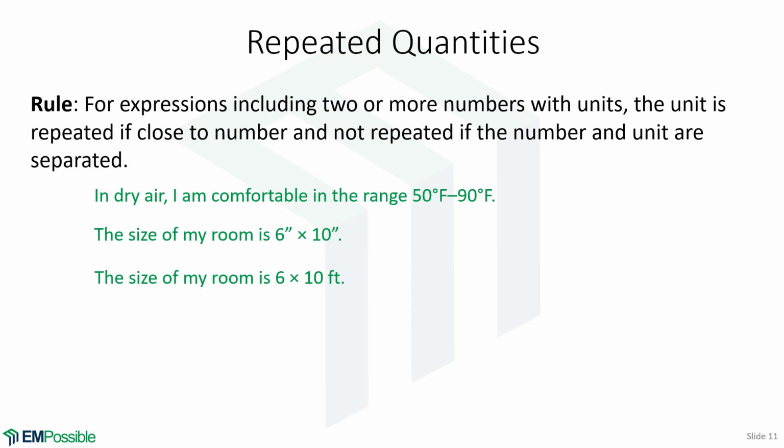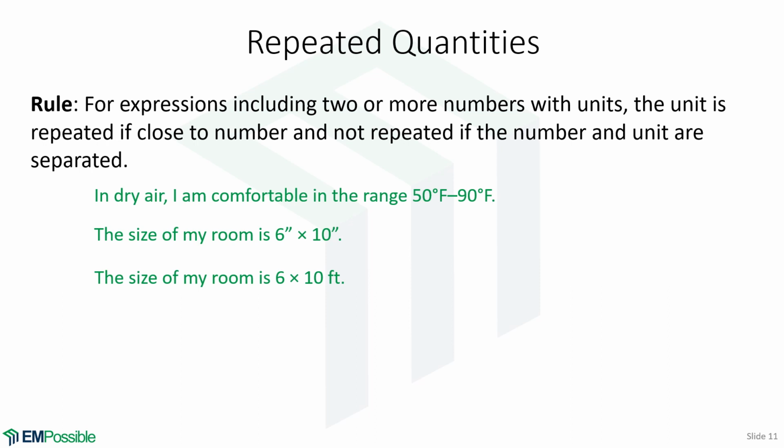Repeated quantities. We come up with repeated quantities usually when we're specifying a range, like in the example here, 50 degrees to 90 degrees, or specifying areas or volumes where we might have 6 foot by 10 feet. Any time we have multiple measurements and each one has a unit, we have to make a decision whether to write the number and unit each time or to write the unit only once at the end.